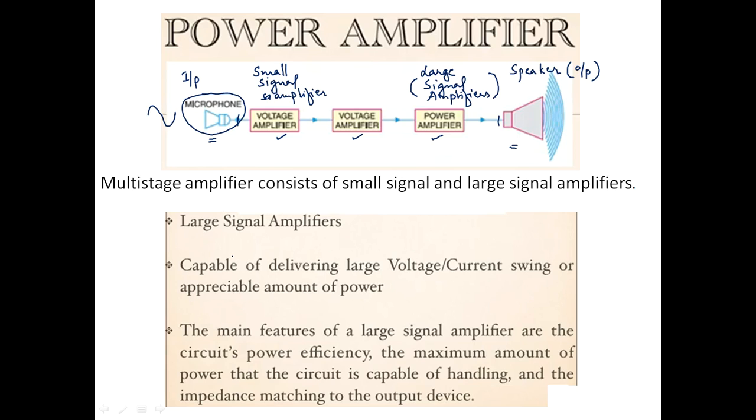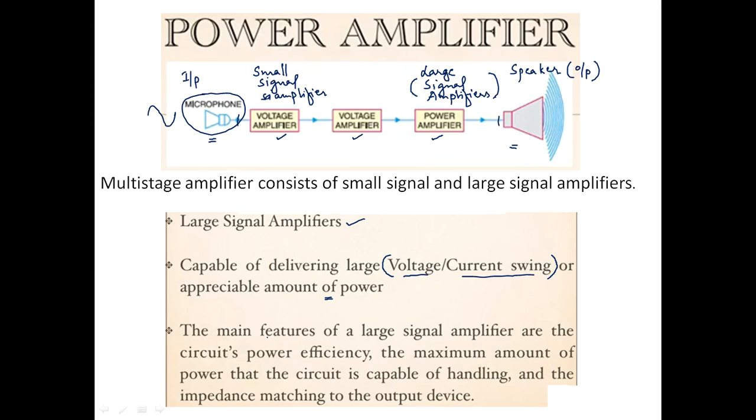Some important points: in communication systems, especially at the output side, we make use of large signal amplifiers. These large signal amplifiers are capable of delivering large voltage or current swing, or an appreciable amount of power.